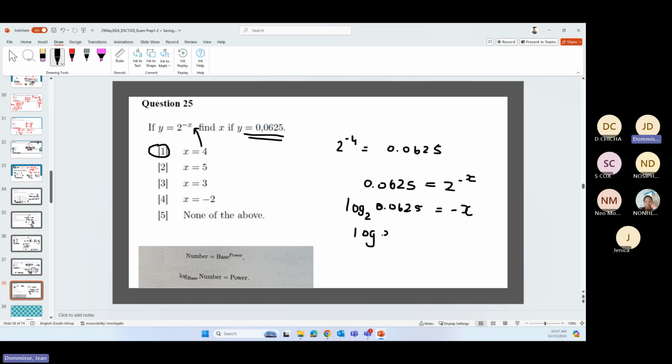So the way that we will simplify this then is to say log of 0.0625 divided by log 2. And if I do that, my answer is equal to minus 4. And then there is a minus, so minus times a minus will give me positive 4.